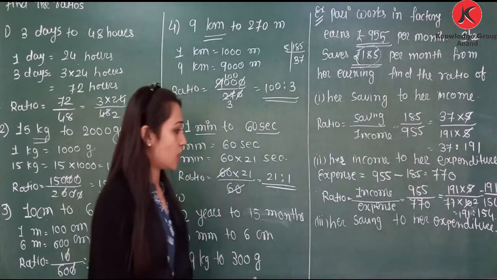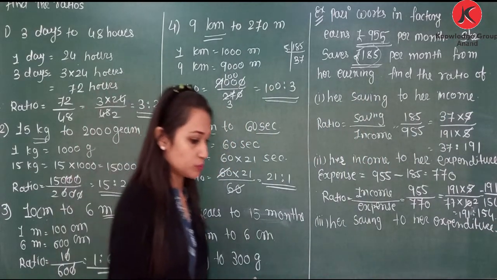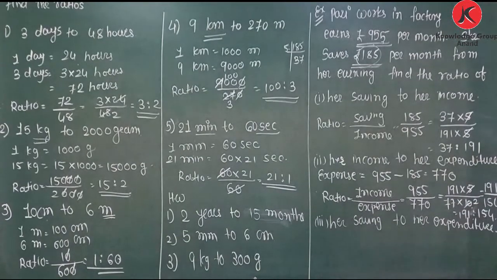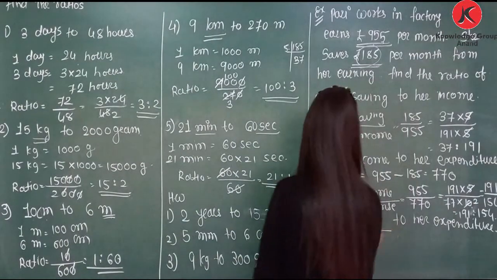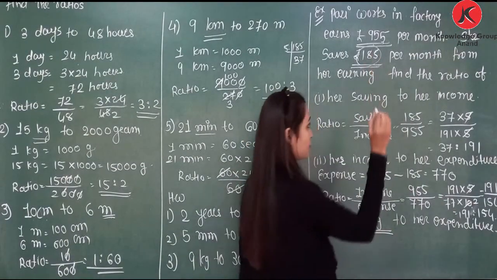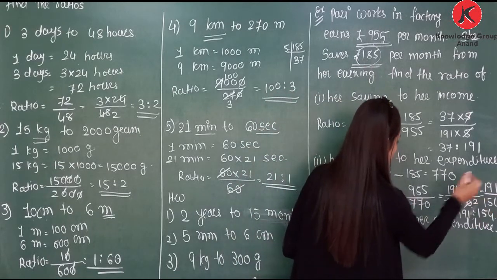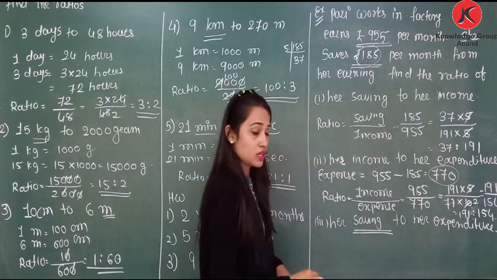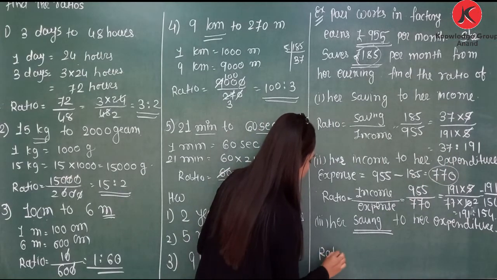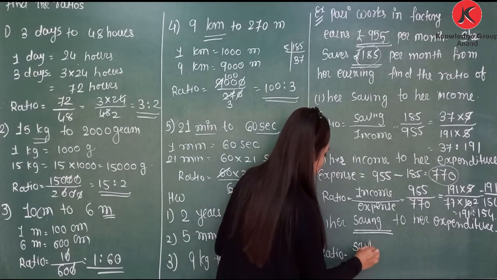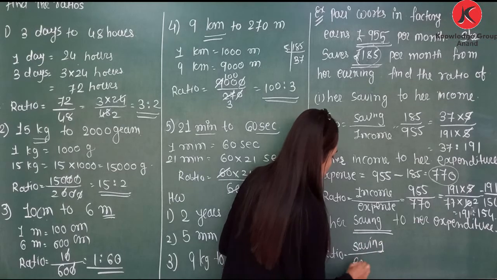Now the next one, her savings to her expenditure. So let's find savings to expenditure. Saving is 185, expense is 770. So we can write the ratio of saving to expense.